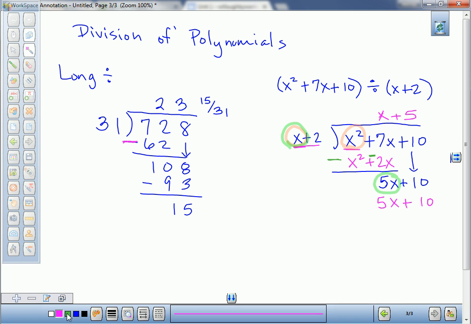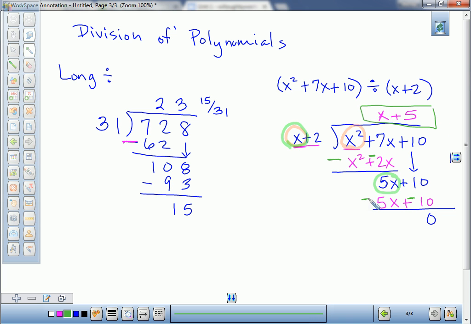Okay, then we subtract. So when we subtract, it changes all of the signs. Cancels, cancels. 0. There's 0. There's no remainder. So instead of having a remainder that we have to write over the divisor, we are done.